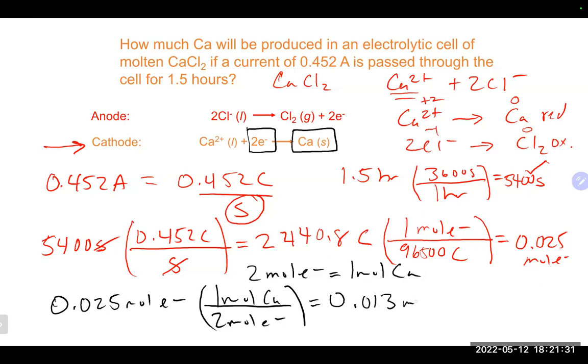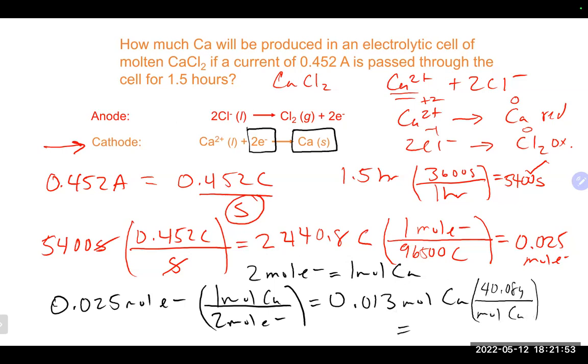That gives 0.013 moles of calcium. And if I want to know how many grams that would be, I'm going to use the molar mass of calcium, which is 40.08, give or take. That look right to somebody near a periodic table? 40.08 grams per mole of calcium.